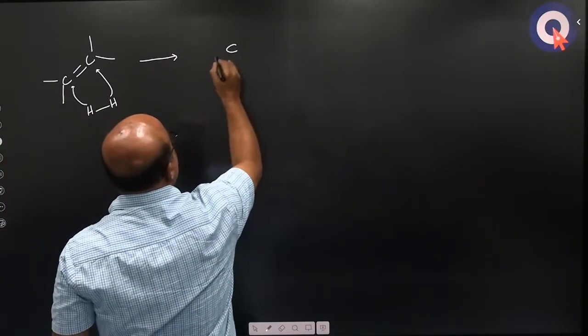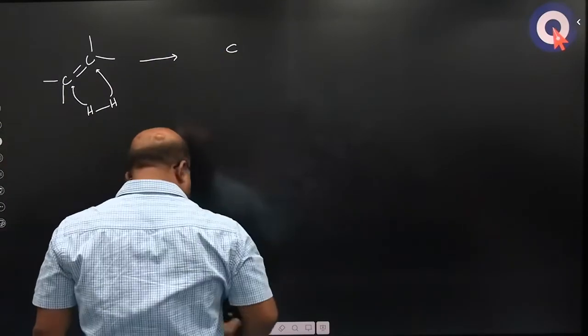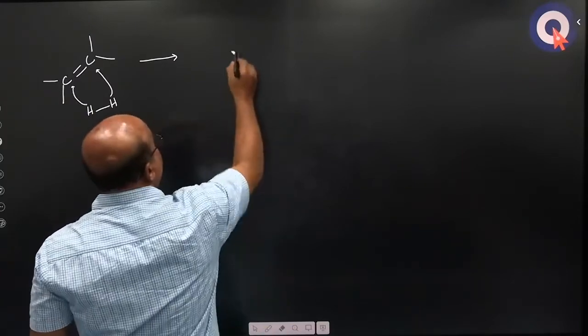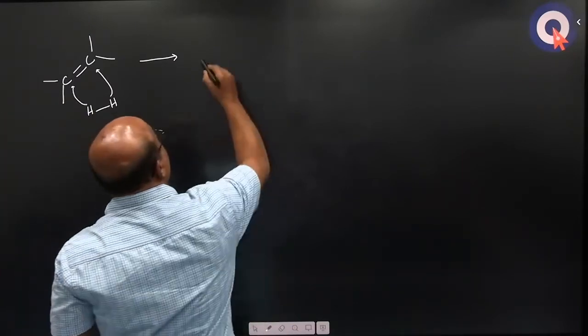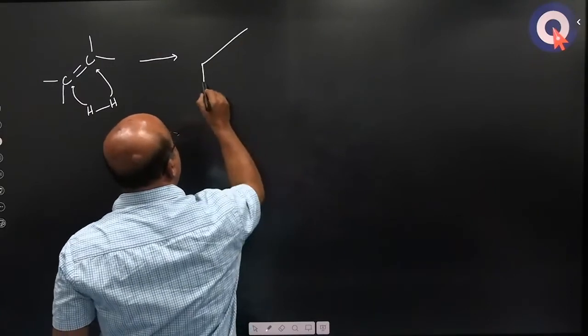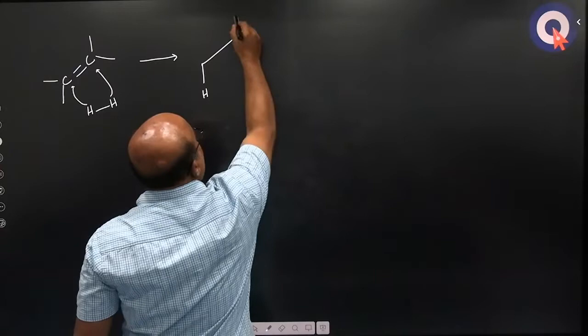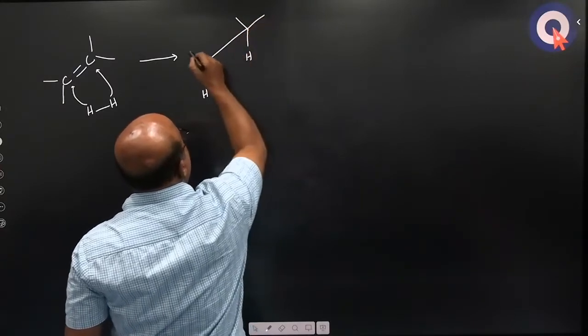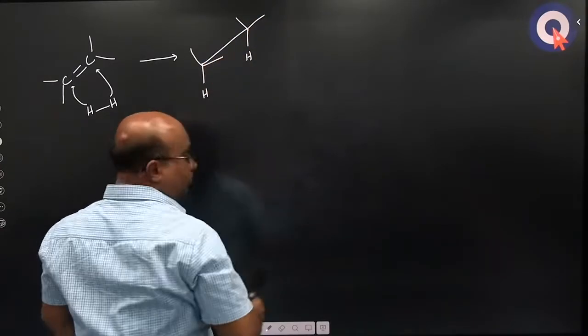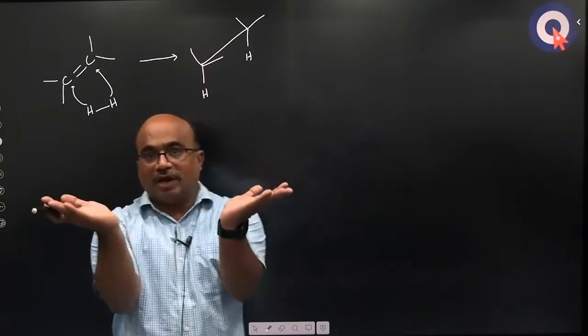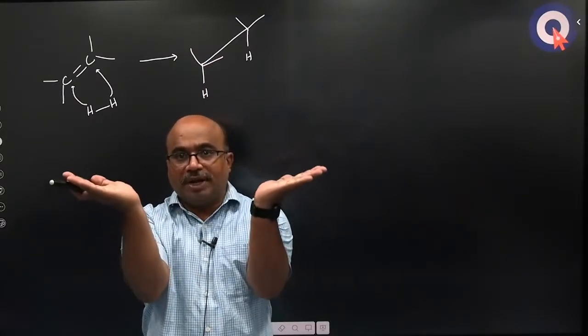Instead of C, let us write a simple line representation. Hydrogen is added to this carbon from here. So, the groups which are already there move upwards, the hydrogen is adding from below, and the groups which are in the plane move like this.